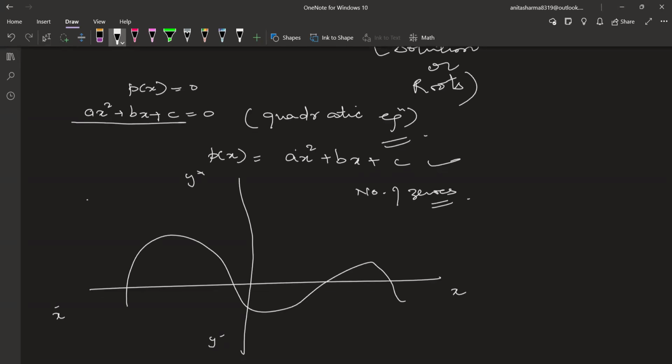So children, what you have to check: where you are given y is equal to px, it means the polynomial is a function of x, in the variable x. So you will check your x-axis only, where the curve intersects the x-axis. Tell me, at how many points does it intersect? Four times. So the given curve has number of zeros 4. Got it?